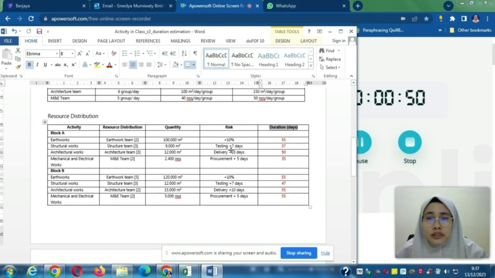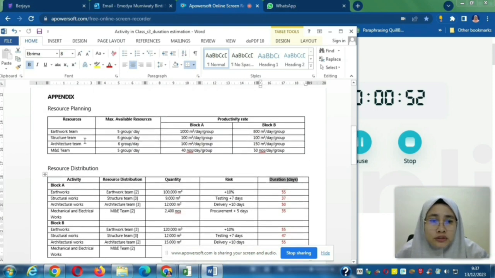First, let's look at the resource planning table that has been given. For this table, we already have each team that is going to be involved, the number of resources available on site for this project, and also the productivity rate of the workers per group for block A and block B. For example, for the work team, there will be 5 groups that can work on site every day.